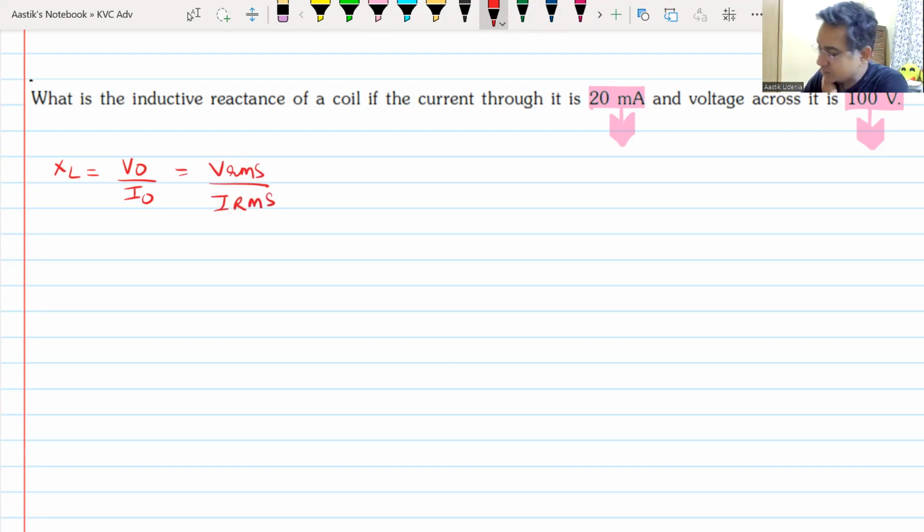Yes, sir. So it is simply 100 divided by 20 into 10 raised to the power minus 3, and that would be your answer. Do we understand this? Yes, sir. Everyone understands this? Yes, sir.